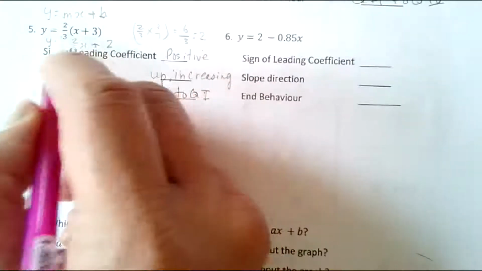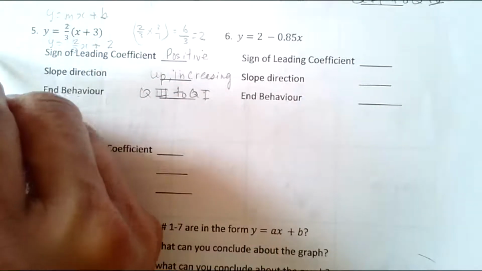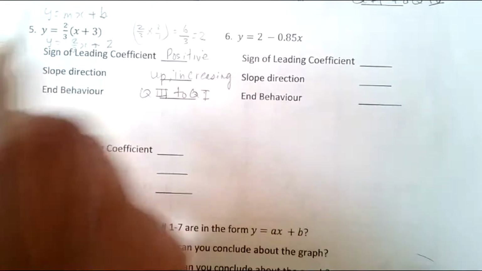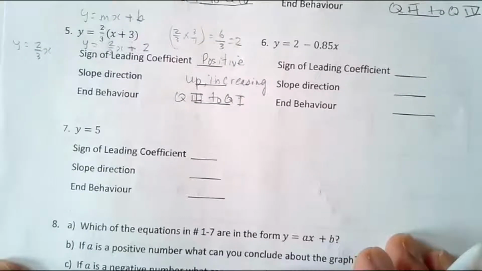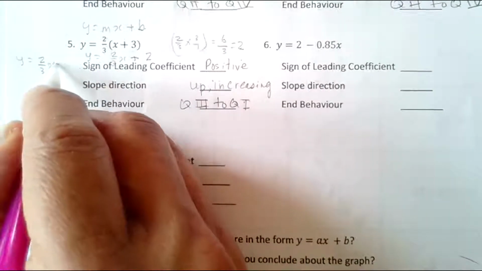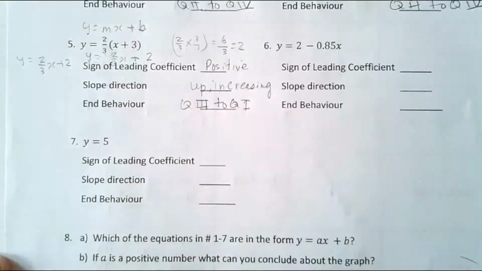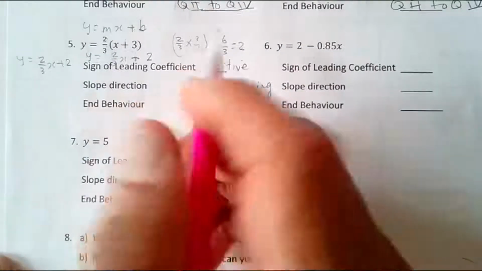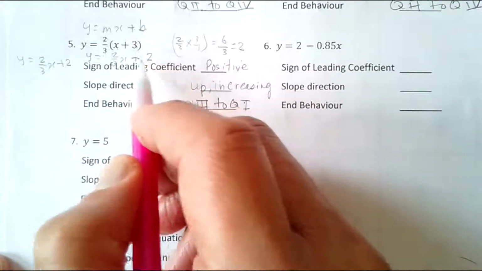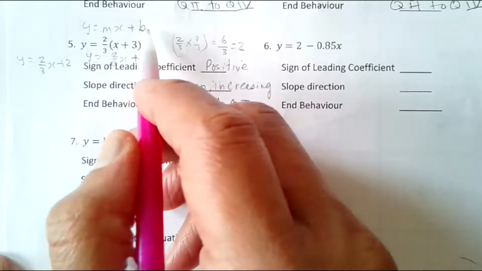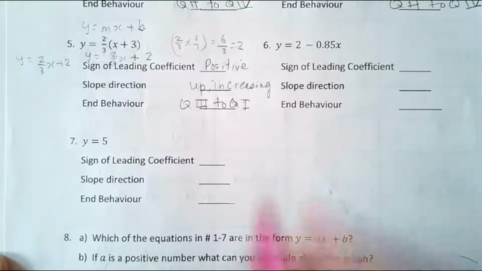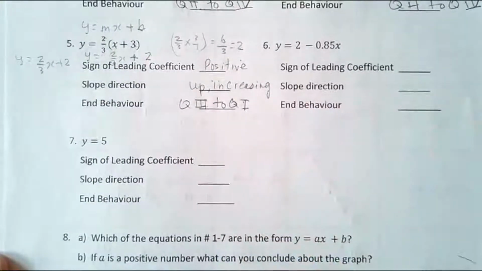So this equation is equal to y equals 2/3 x plus 2. But be careful, because it's 2/3 times x and 2/3 times 3, which gives me plus 2 here. So now you can see your y-intercept is 2, your slope is 2/3. But let's go ahead and prove this.